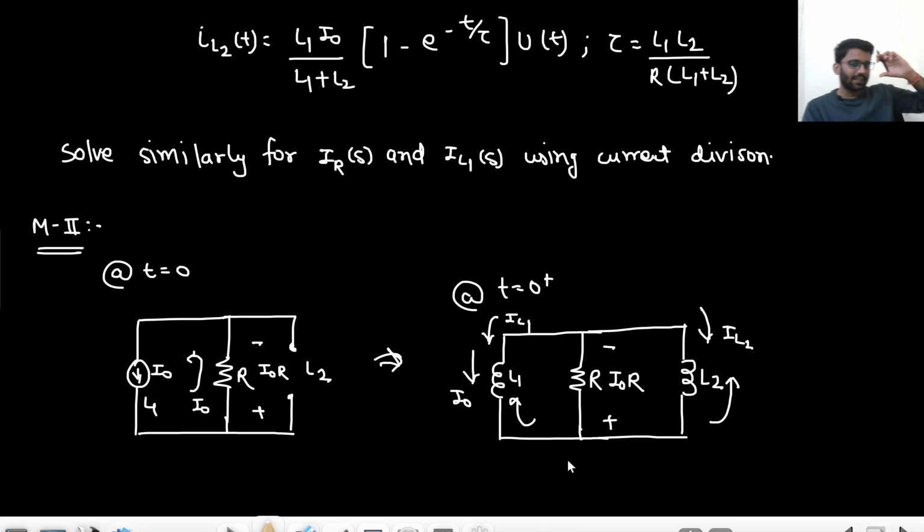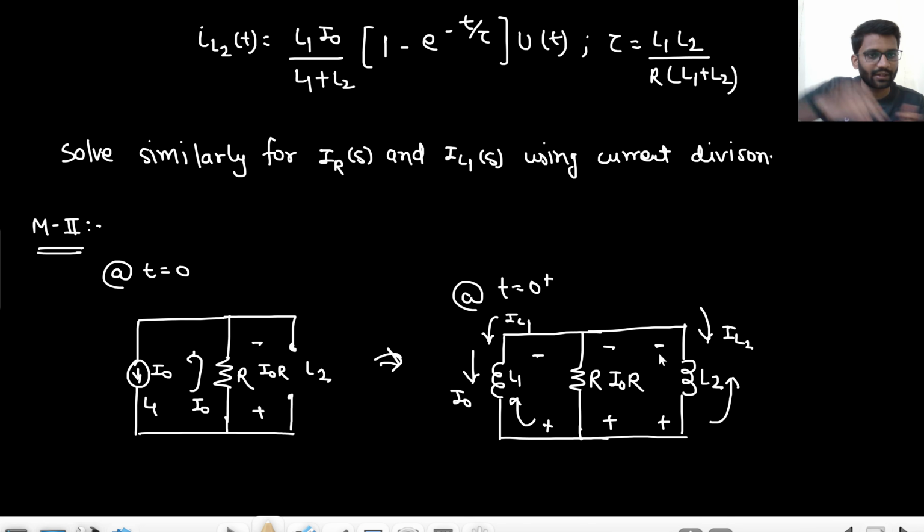This I naught R voltage drop is increasing the current in L2 but in the opposite direction, and it is decreasing the current in L1, because this drop will be coming here like this and this drop will be coming like this. So it is increasing the current in this direction for L2 and it is increasing the current in this direction for L1. But since the initial current I naught is flowing in this direction, it is reducing the current in L1.